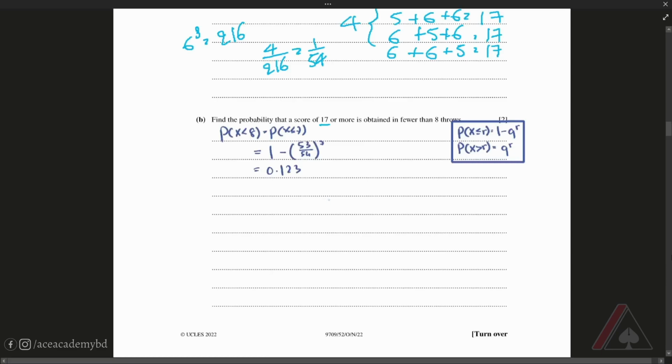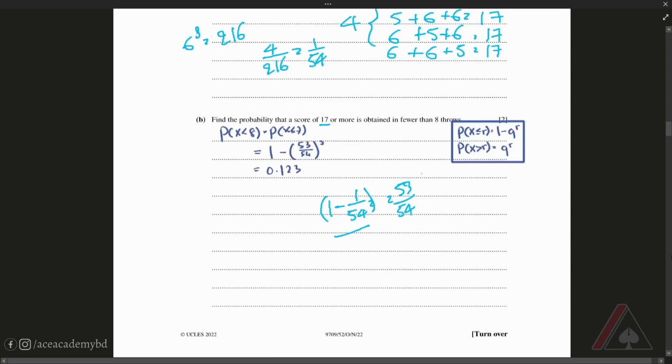Now we know to have found 17 on the 8th throw or above would mean to fail the first 7 times, right? So we find the probability that they failed, which was 1 minus 1 by 54, which would be 53 by 54. Now remember, we found this value in the previous half of the question. So this is our probability of failing 7 times.